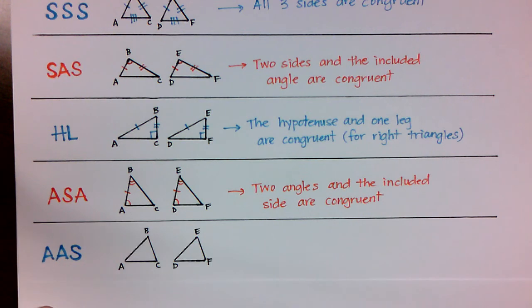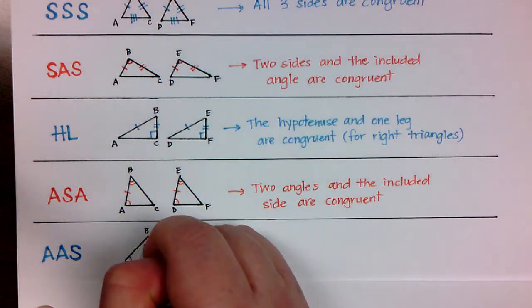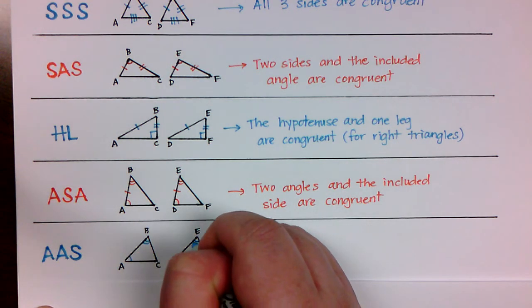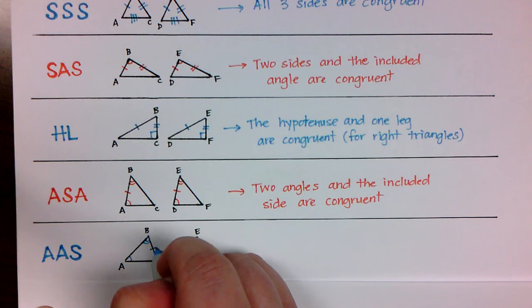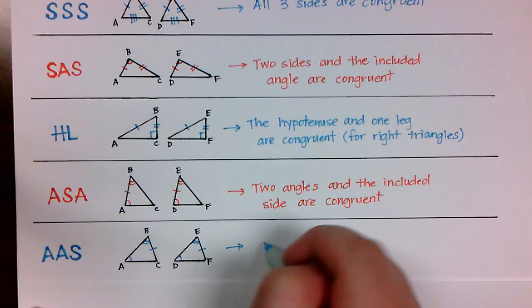And then the last one was AAS. So I have an angle, I have a second angle, and then I had a side that was not in between those two angles. We said that it was not included.